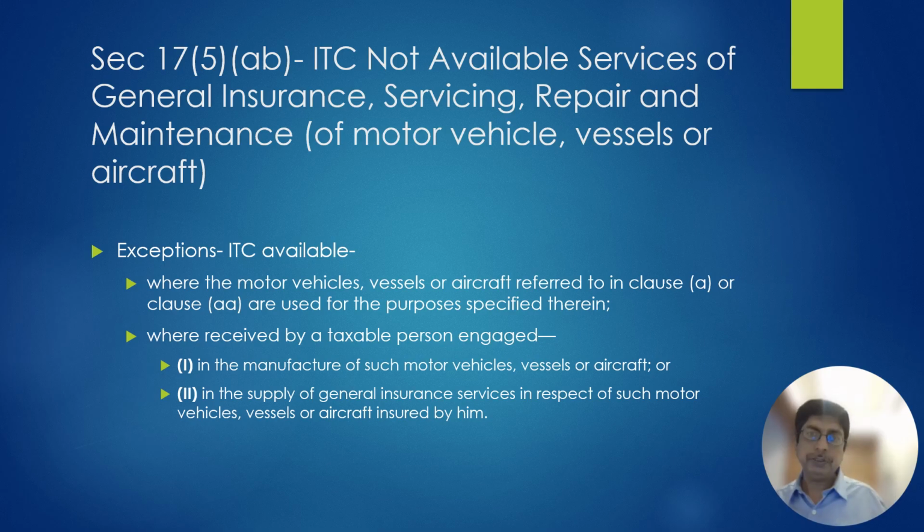The third exception is when the insurance company gives a general insurance of aircraft or vessel or motor vehicle and it is reinsured, that is, the risk is reinsured with another insurance company. The other insurance company will charge a premium, and the GST credit on that reinsurance premium is available to the main insurance company. That is not blocked.